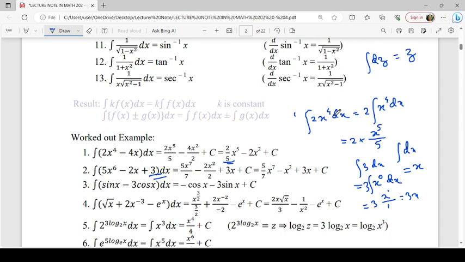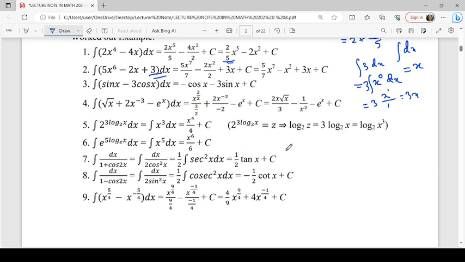If this is f of x, then we must write dx here. We can never integrate like x to the power 4 dz. This is impossible, it has no meaning. So always remember, if we write a function of x here, we must write 1 dx like this.